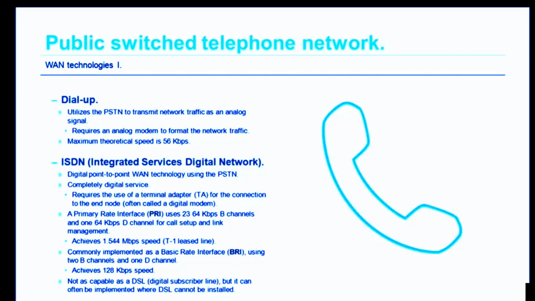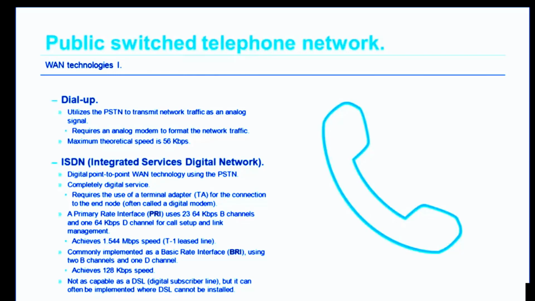Now, dial-up utilizes the PSTN to transmit network traffic as an analog signal. Dial-up does require an analog modem to format the network traffic correctly so it can be transmitted. Your maximum theoretical speed on dial-up is 56 kilobits per second.